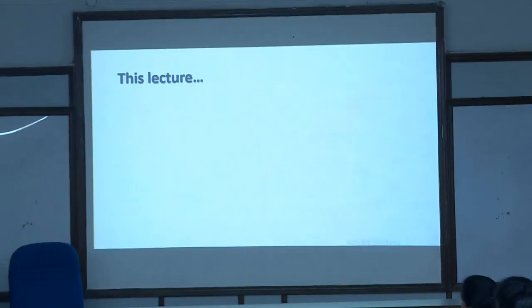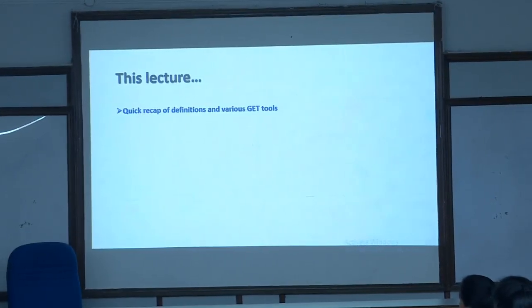And I just would like to have a quick recap of what we have done in the last 10 days. So maybe in few slides, the quick recap of the definitions and various GE tools.